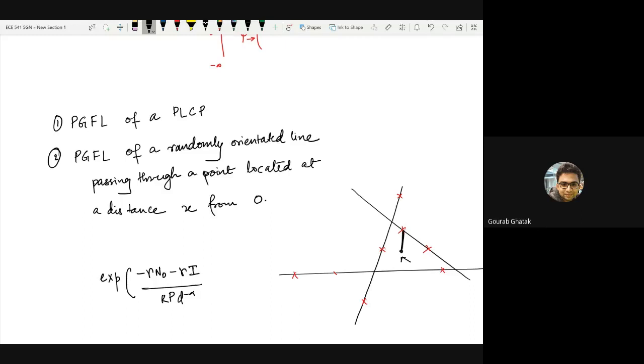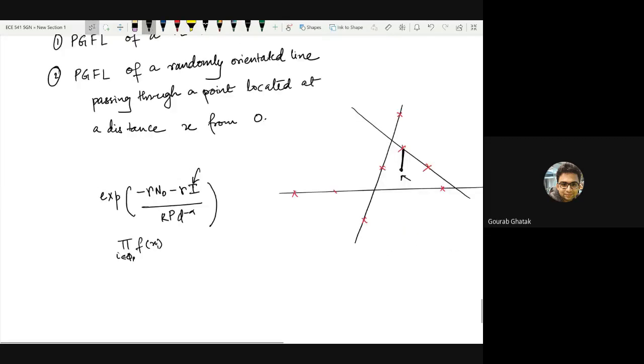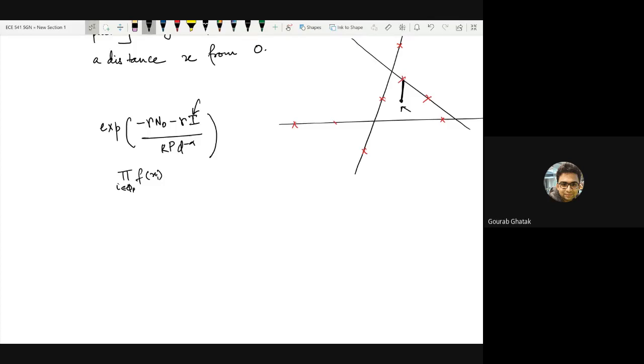However, in this term you would have to account for products of functions where i belongs to the PLCP. So that's why it's important to characterize the probability generating functional of a PLCP. I'll very quickly write it, and since you have already done similar kinds of evaluations, it becomes easy to explain.